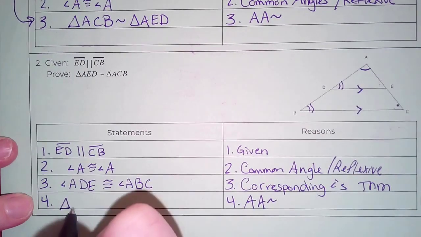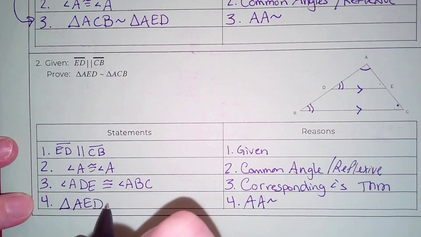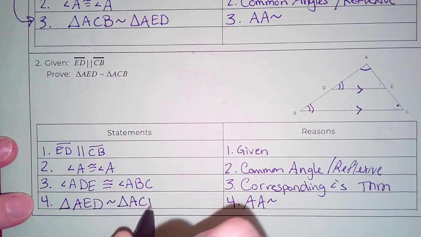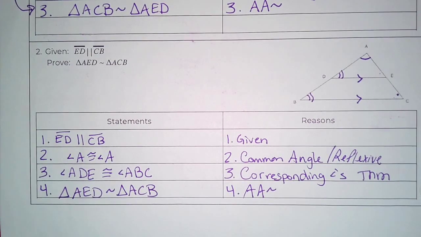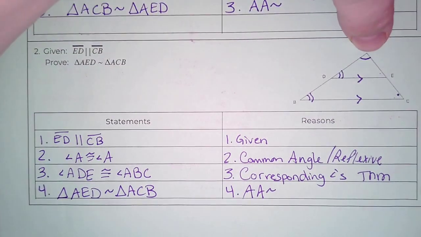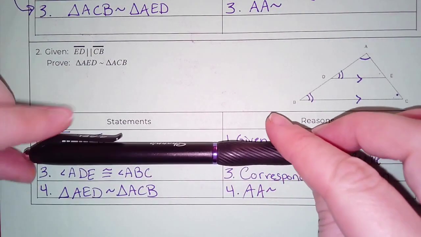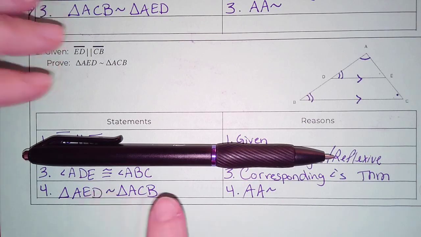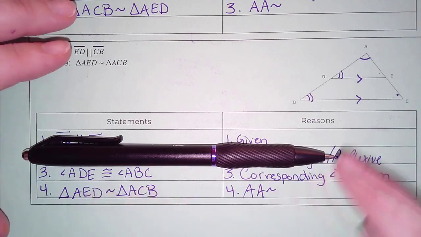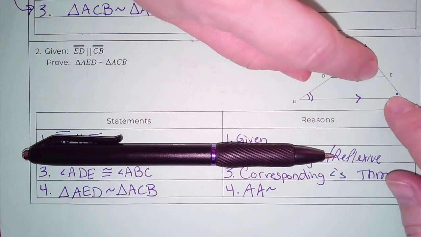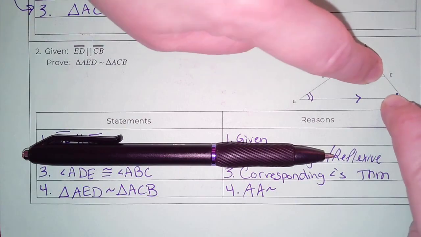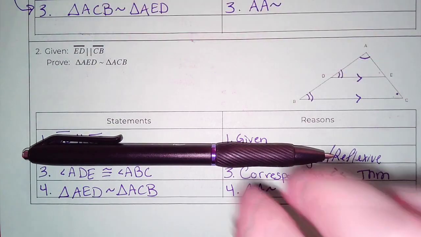And I'm going to say triangle AED is similar to triangle ACB. So what I was kind of saying is, if I didn't talk about this reflexive angle, step 2 would be kind of deleted. Step 3, I could include these 2 angles and these 2 angles in that same step because it's the same reason. Don't have to, though.